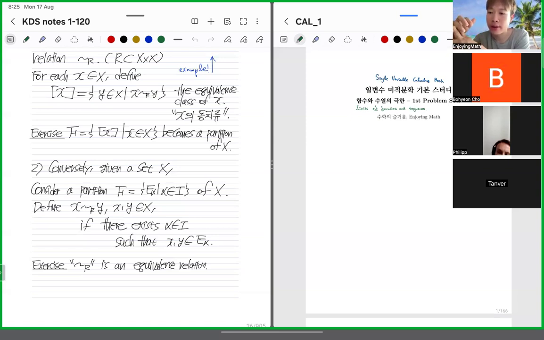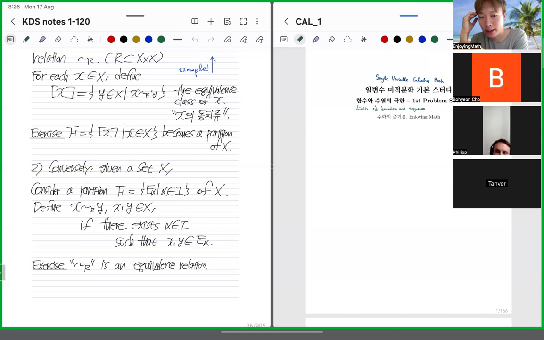And third, we need transitivity, which means if x is related to y and y is related to z, then x is also related to z. So if a relation holds these three criteria, then we call it an equivalence relation.